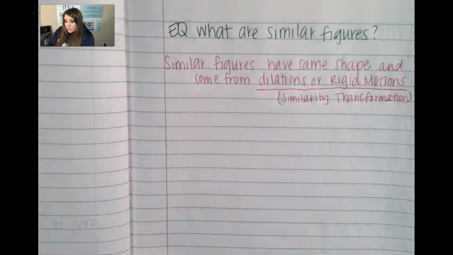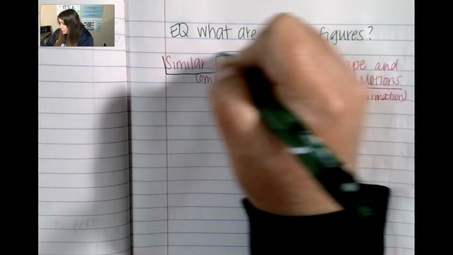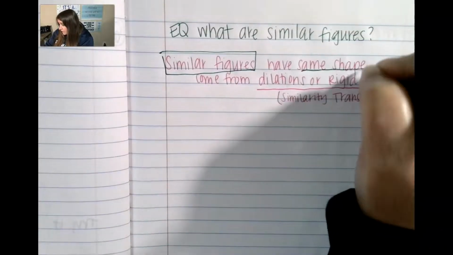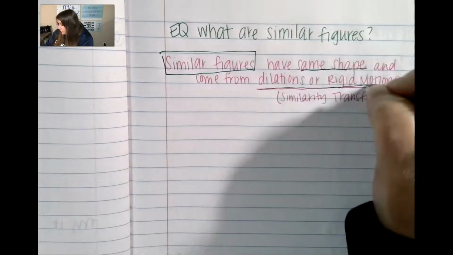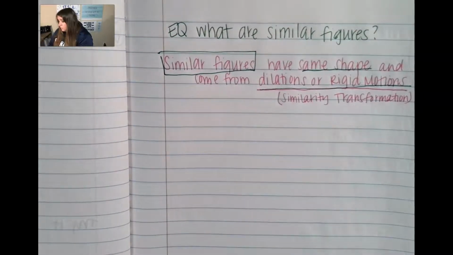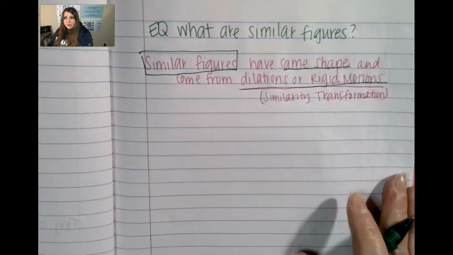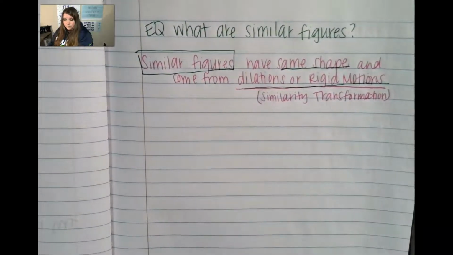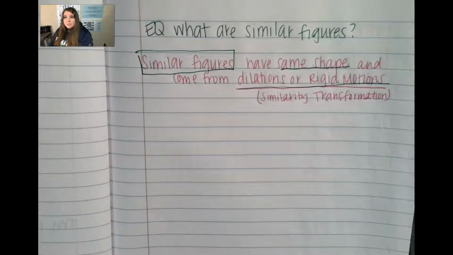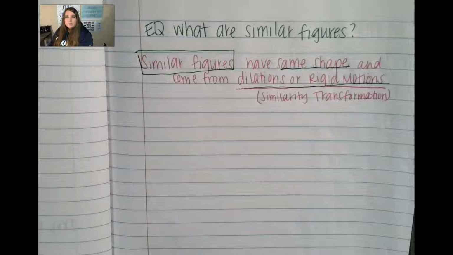So similar figures will have the same shape, not necessarily the same size, but they come from dilations and rigid motions. And remember that rigid motions are things like translations, rotations, reflections, those types of transformations.